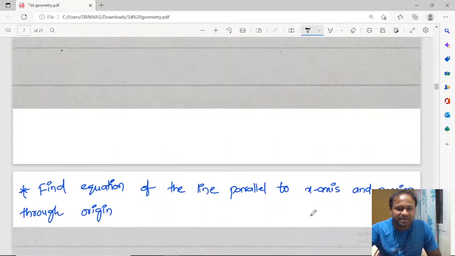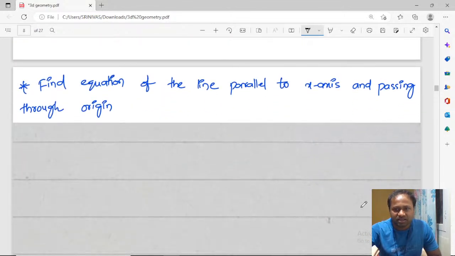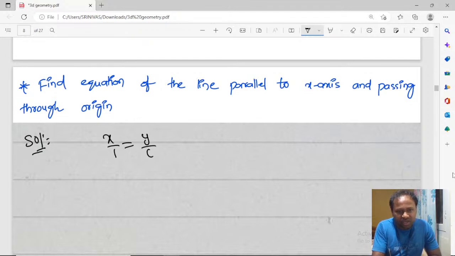Next, let us move on to another problem. So I think this is already, we have written the equation of the line parallel to x-axis. What is the answer for this? X by 1 is equal to y by 0 is equal to z by 0. Parallel to x-axis. What about parallel to y-axis?